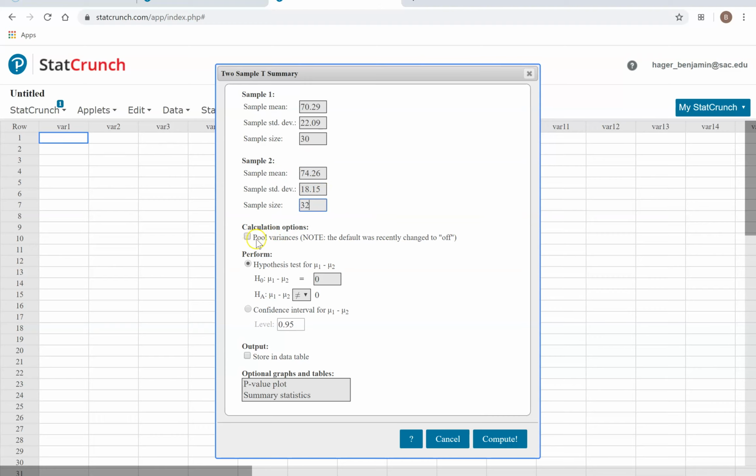The pooled variances, where did we talk about that? Oh, we talked about that in the hypothesis test in 10.3 for proportions. It's not going to make a big difference, so you can pool the variances or you cannot. Maybe I'll show you the difference.